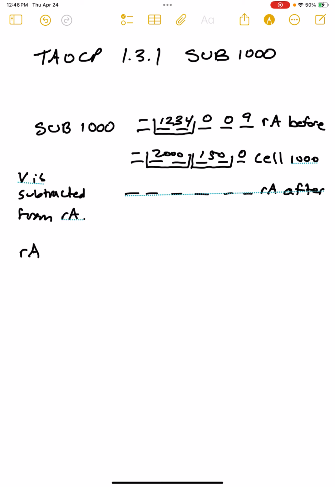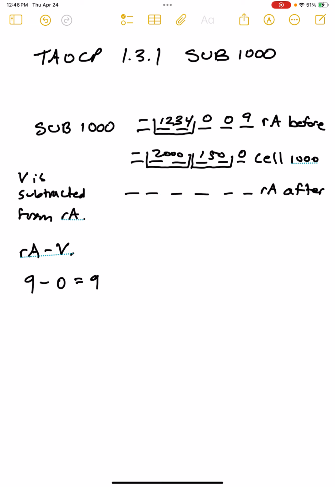So if you start with RA, we're subtracting V from it, and we're doing that, I think, for each of the fields. If we go right to left, we get 9 minus 0. I would assume that's 9.